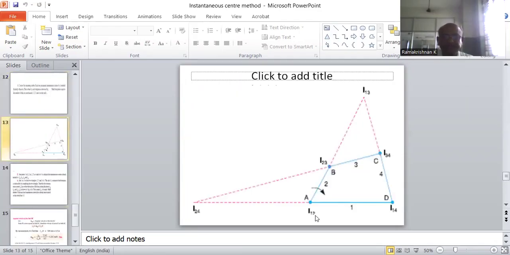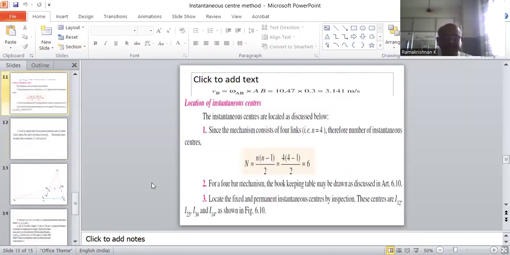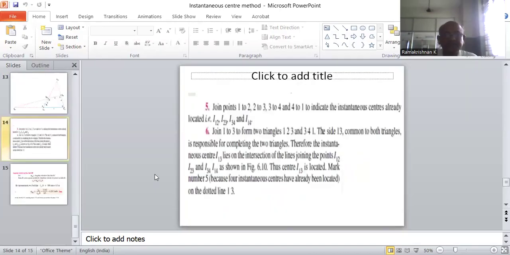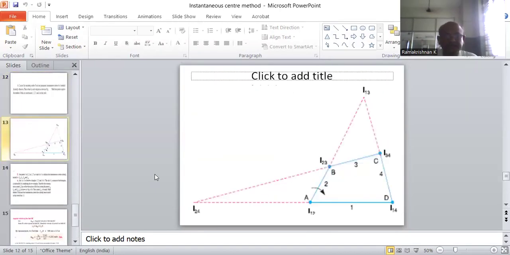Now we can easily fix I12 and I14, which are permanent fixed instantaneous centers, and I23 and I34, which are fixed instantaneous centers. Now we have to locate I13 and I24. For this, the circle diagram can be used. Using the circle diagram, I24 is the junction of the two pairs I23, I34 and I12, I14.